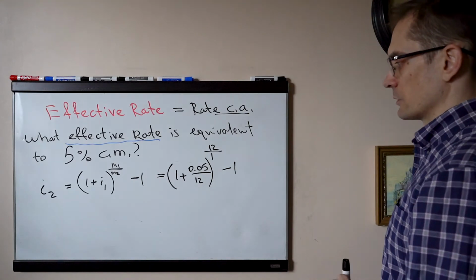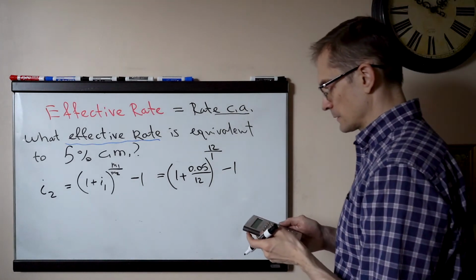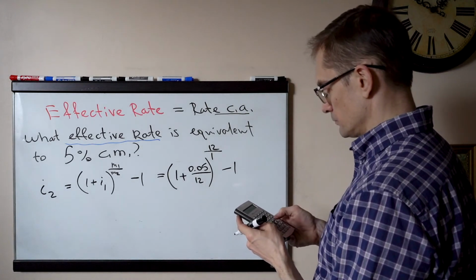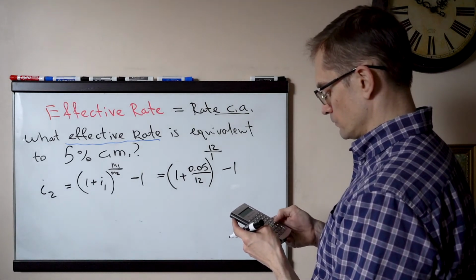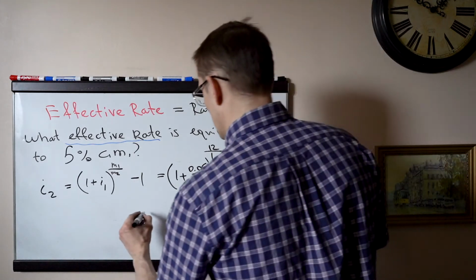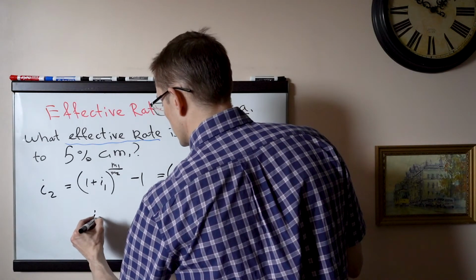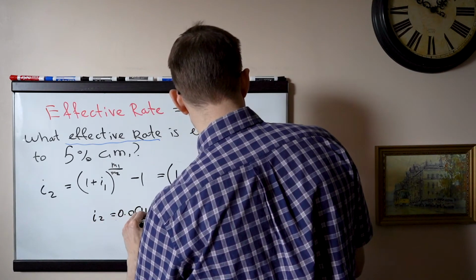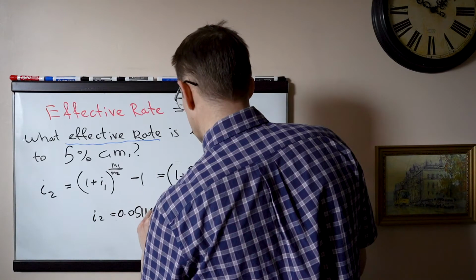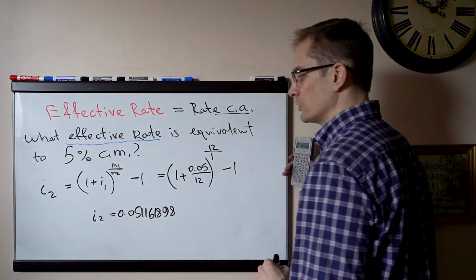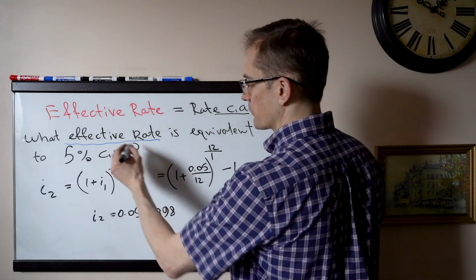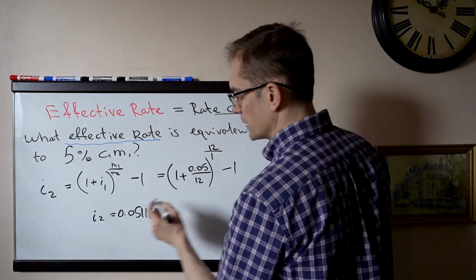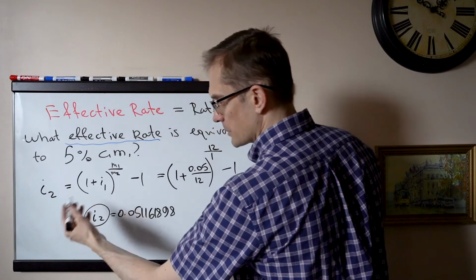Okay. So let's calculate this. And the answer is that I2 is 0.051161898. Now you need to keep in mind, because that's the effective rate that we looked for, which is rate compounded annually, I2 is the same as J2, right?